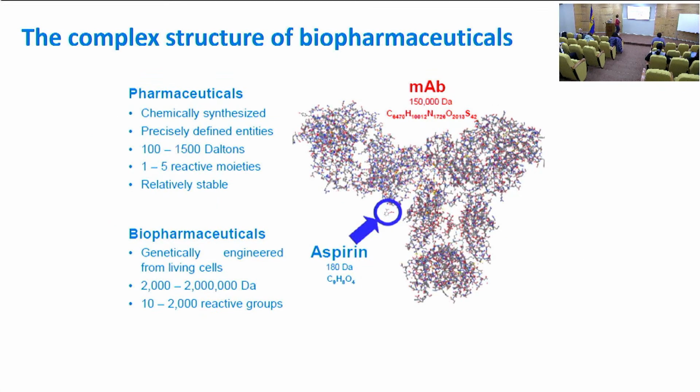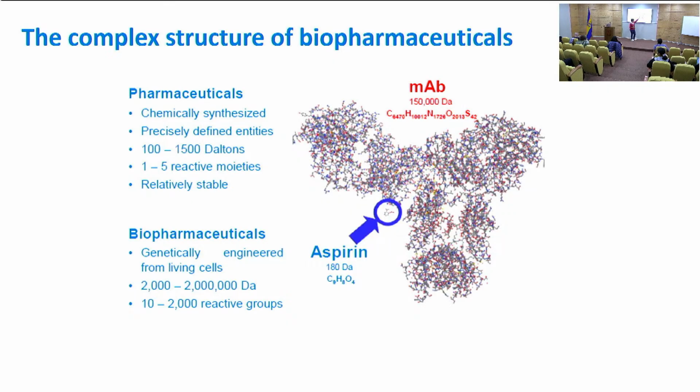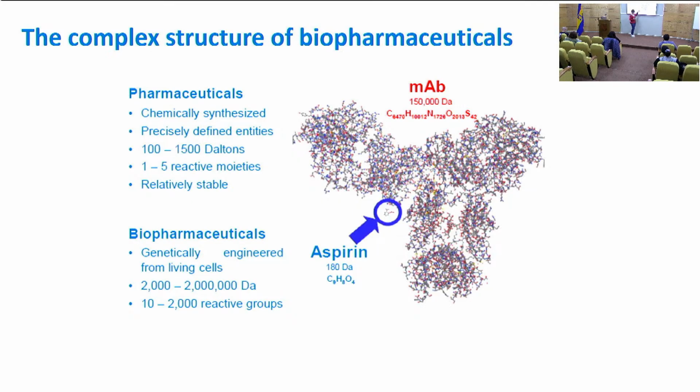To highlight the problem related to proteins when we want to perform quality control, just remember that proteins are complex structures. You can see here a comparison between a mAb, which weighs 150 kilodaltons, and aspirin, acetylsalicylic acid, which I think everybody knows.